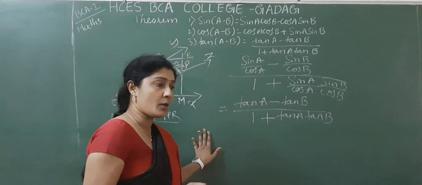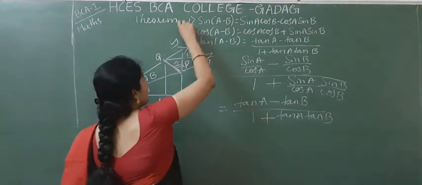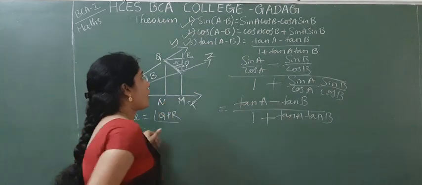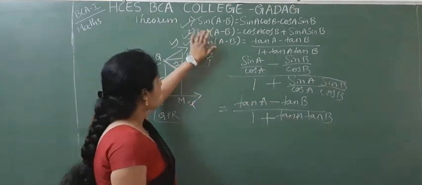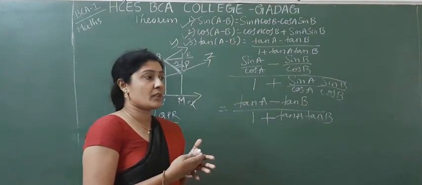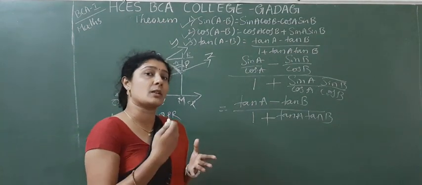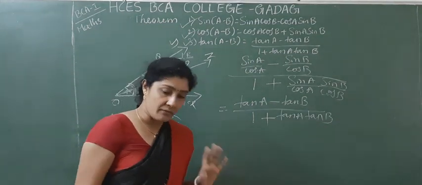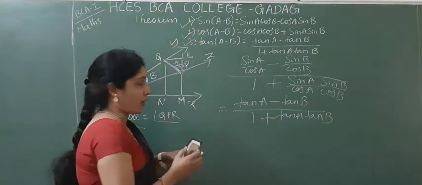So this is how in these two classes we derived the formula for sin cos tan A plus B, and next is sin cos tan A minus B. Okay, so to study further functions or further problems, you must be familiar with all these 6 formulas.